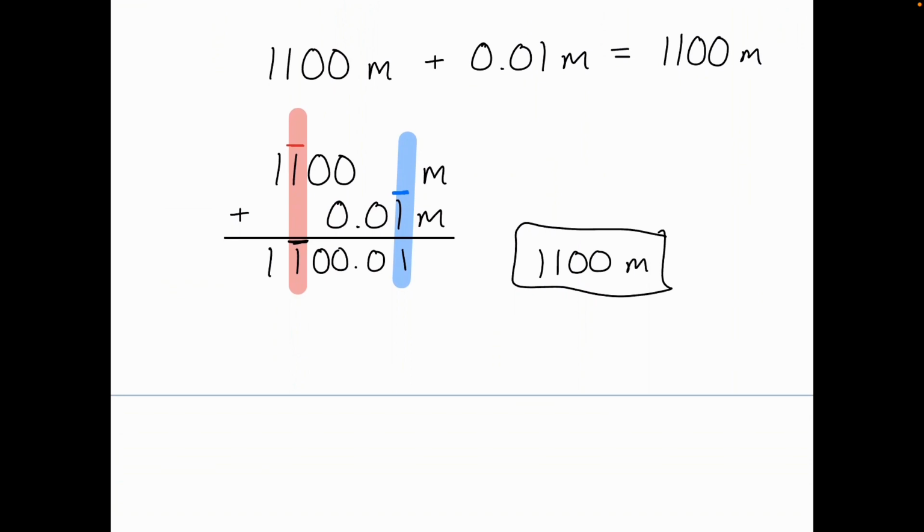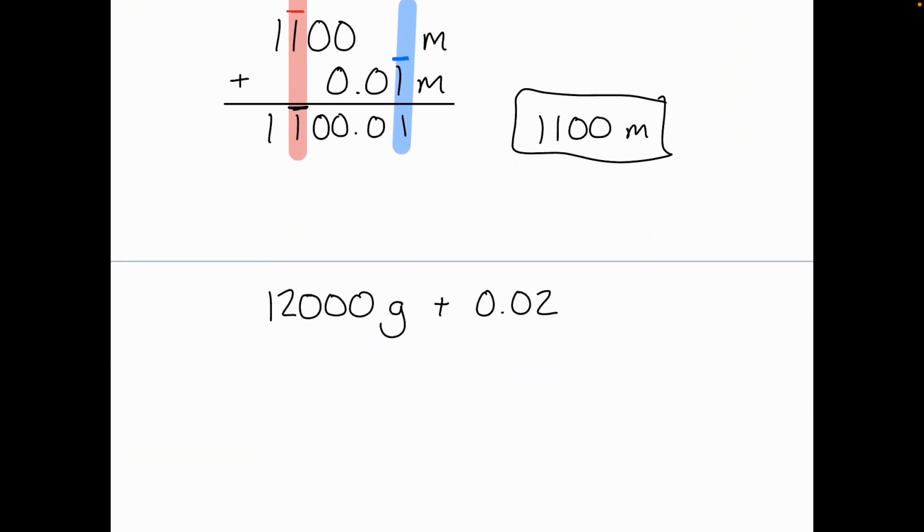Sure, anytime you take a big number and add or subtract something that's very small, this is going to give you the same value. Because again, we're going to follow our rules.